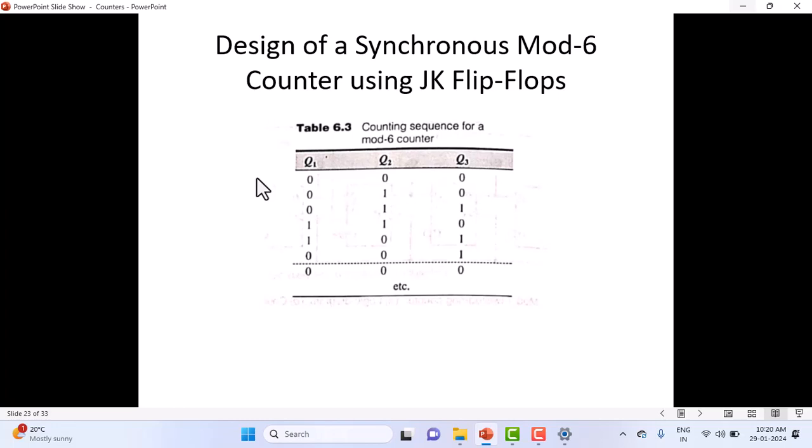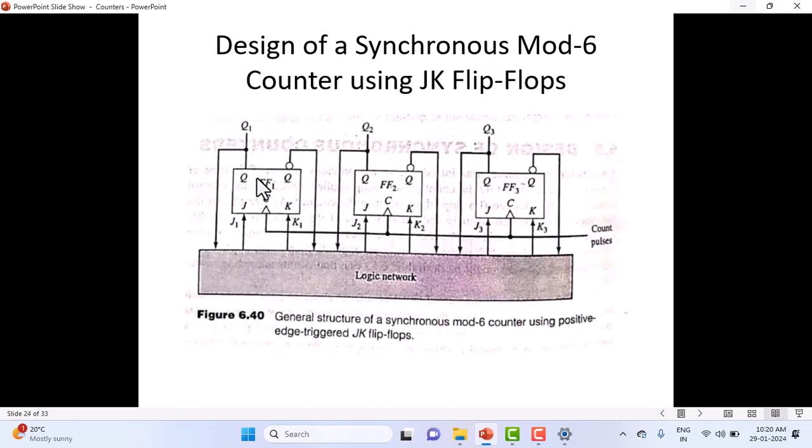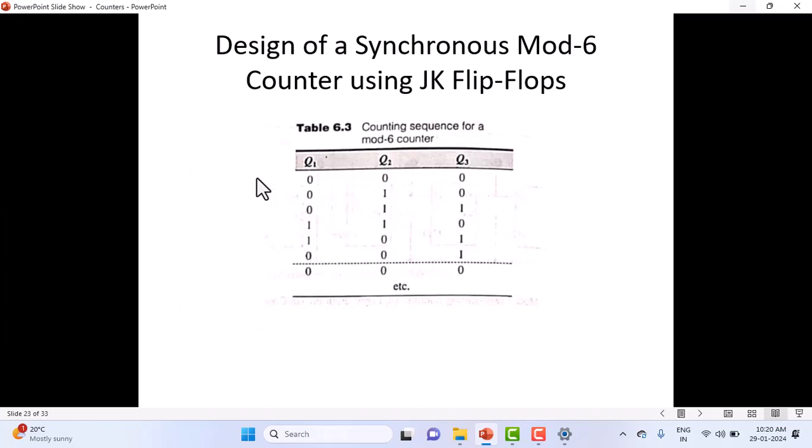What we expect from this one is, we need to design a counter with the JK flip-flop, and this pattern is given here. Using this pattern and using the excitation table of a JK flip-flop, you must design the counter. This is the 3-bit pattern, because if you see the previous table, there is a 3-state.